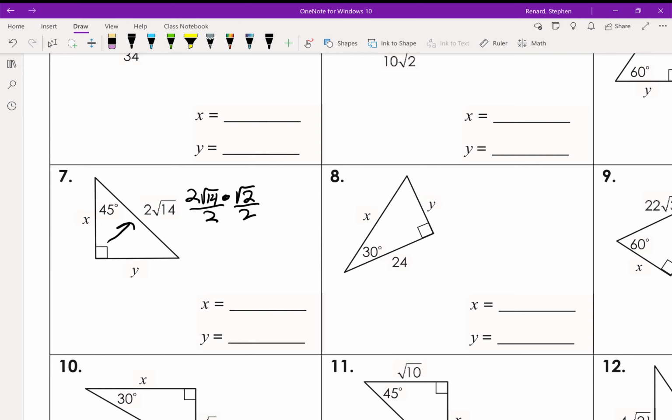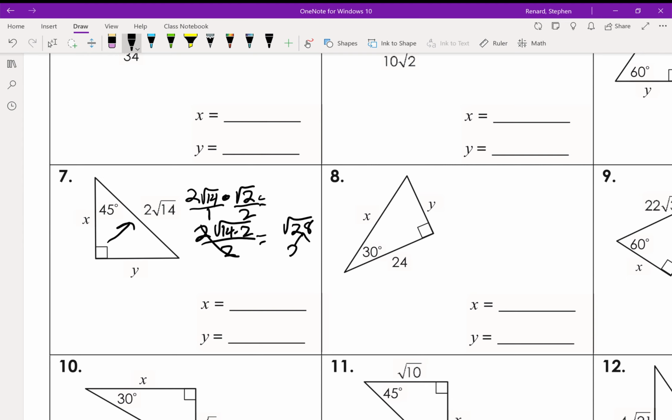That's not what I wanted to do. It's over 1. So when we multiply this, we get 2 times the square root of 14 times 2 over 2. Those 2's are going to cancel out, so we just end up with the square root of 28.